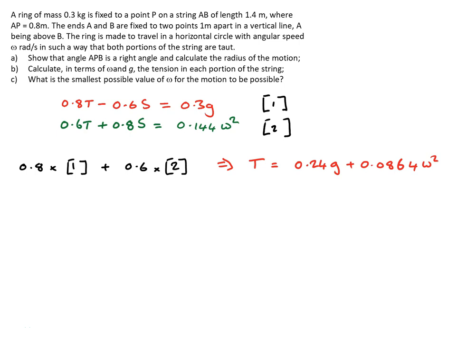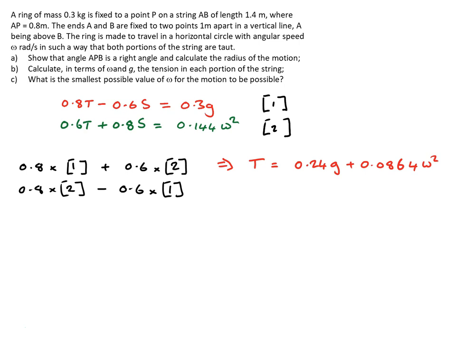We now do a similar trick to eliminate the T's from the two equations. So if we multiply the second equation by 0.8 and subtract the first equation multiplied by 0.6, then the T's will cancel each other out.